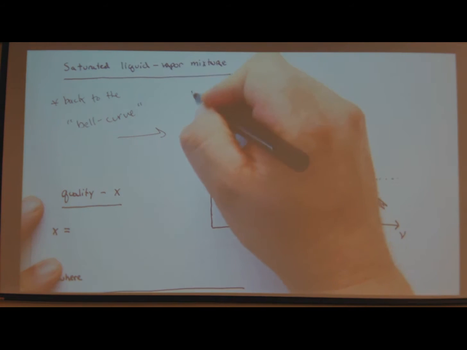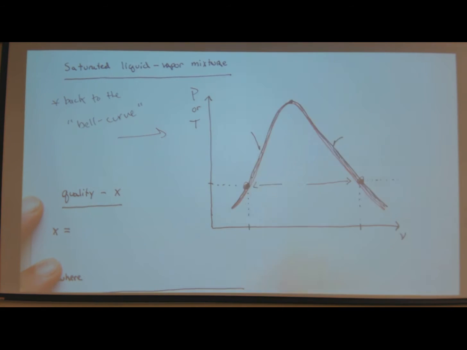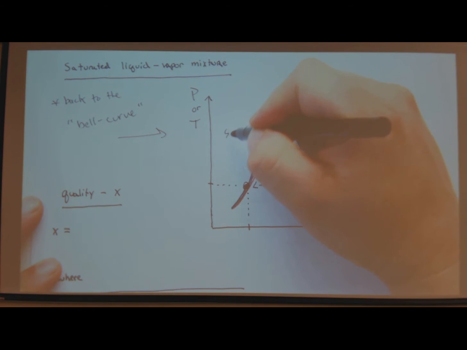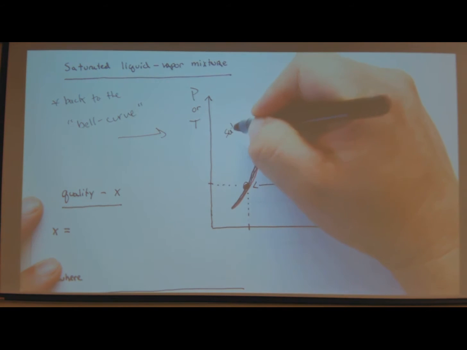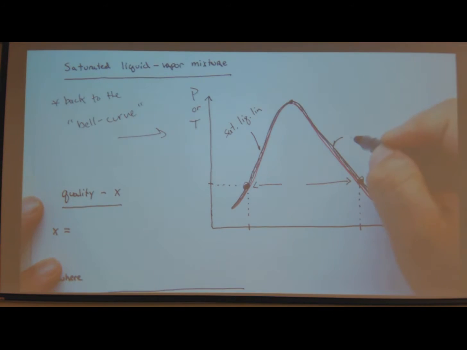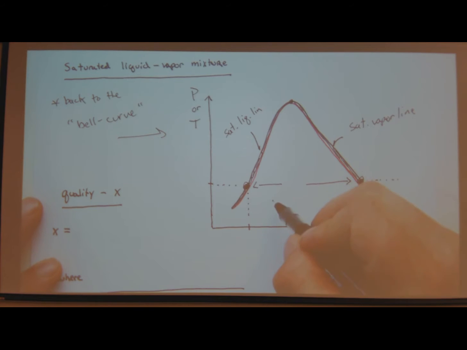This could be pressure or temperature. This side of the bell curve represents the saturated liquid line, and this side represents the saturated vapor line. Inside I have a liquid/vapor mixture.